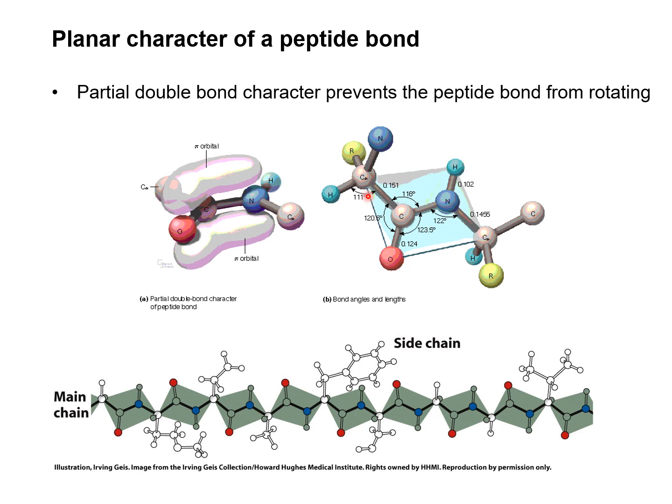The peptide bond that is formed between the carbon and the nitrogen of the 2 different amino acids has a planar character, meaning that they tend to stay flat, and that is due to the partial double bond that is formed between the carbon and nitrogen atoms, which prevents the peptide bond from rotating too much.